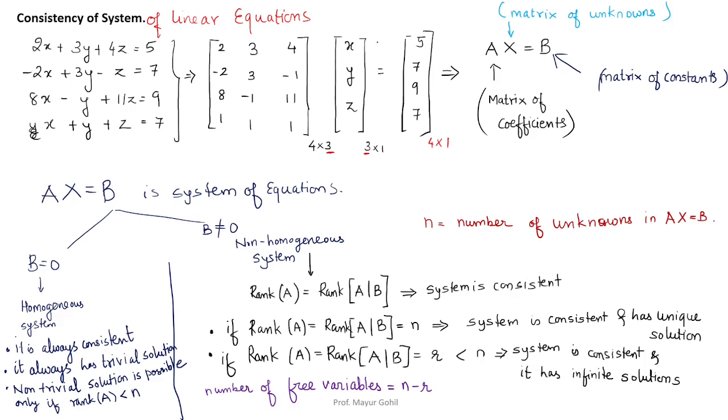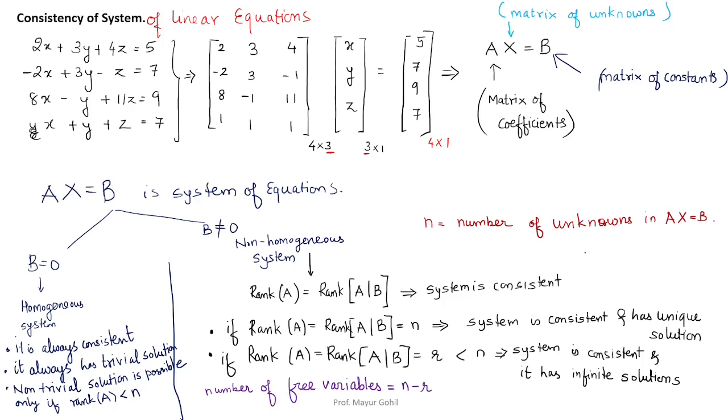Whatever number of unknowns there are, they are denoted by small letter n. Whether the system is homogeneous or non-homogeneous, if rank of A is equal to rank of AB, the system is consistent, otherwise not.